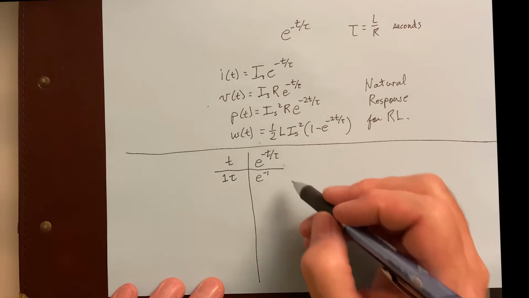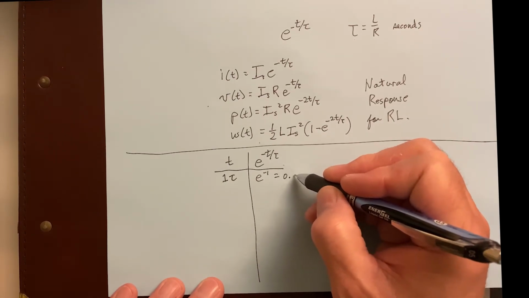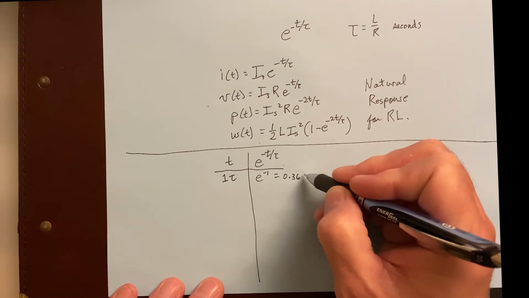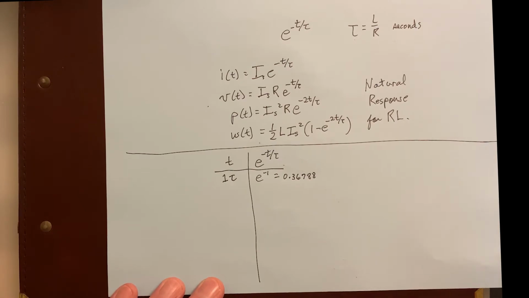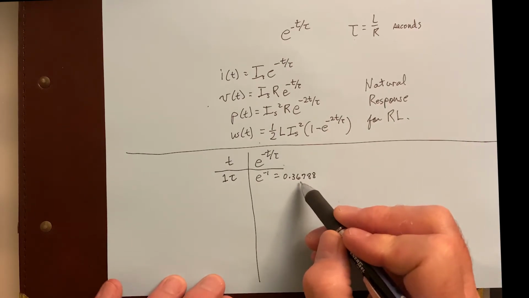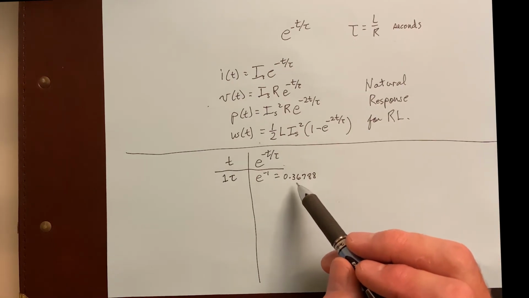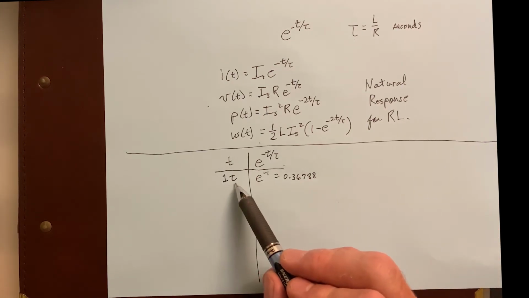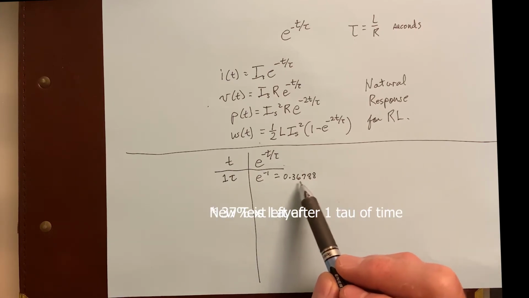Well, e to the negative 1, when you plug that in, is 0.36788. So that's about 0.37, so 37%. In other words, after 1 tau of time, 37% of whatever action is going to occur has already happened.